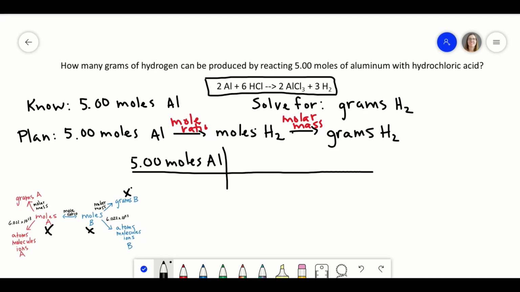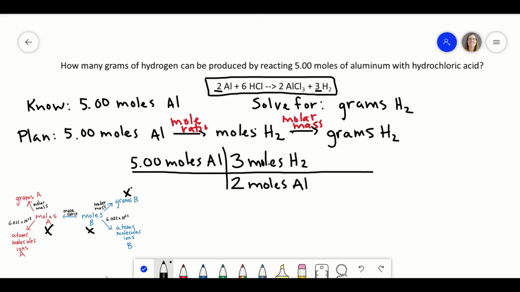So if we want to solve for moles of H2, we would say 3 moles of H2, and that 3 comes from the 3 in front of H2 in the balanced equation, and we'll say 3 moles of H2 over 2 moles of aluminum, or Al, and that 2 comes from the 2 in front of Al in the balanced equation.